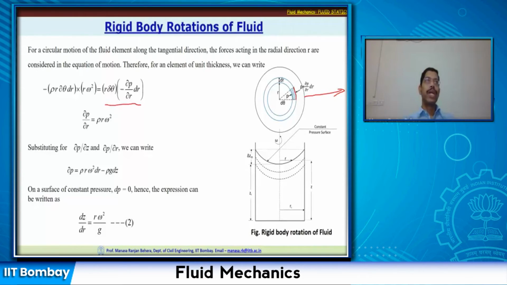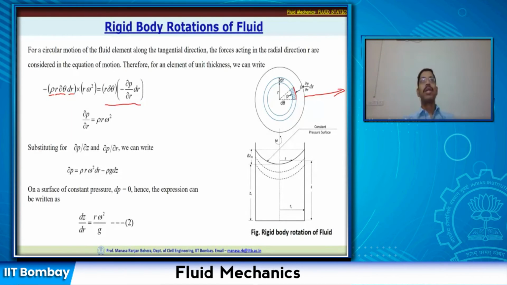So if we equate that, what is the mass? The mass is the volume, R d theta dr, that is the area, where R d theta is this surface, dr is this, and multiplied by 1, and then multiplied by the density rho.